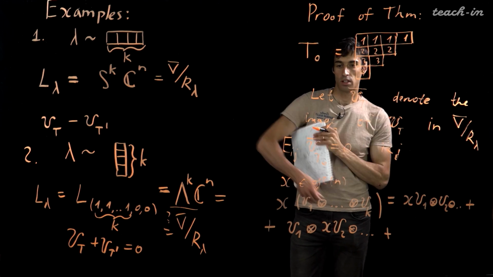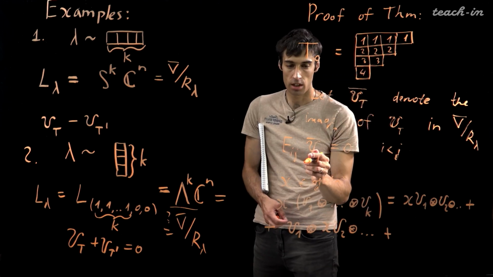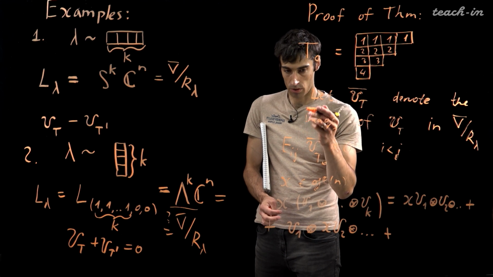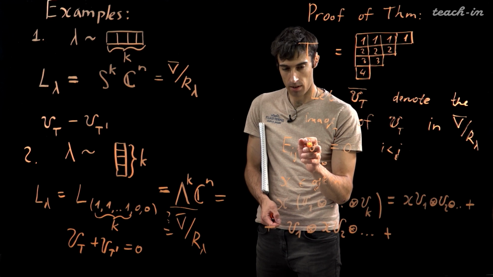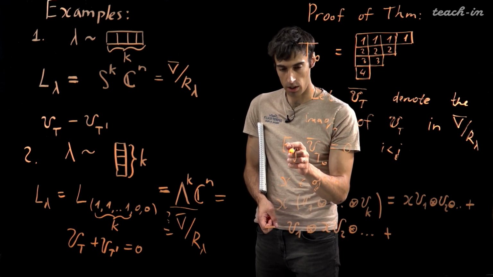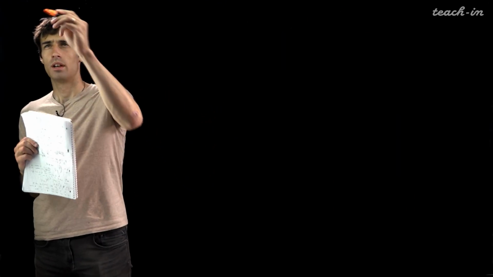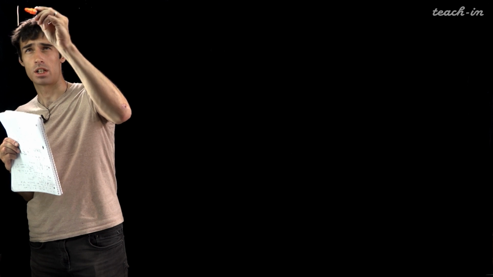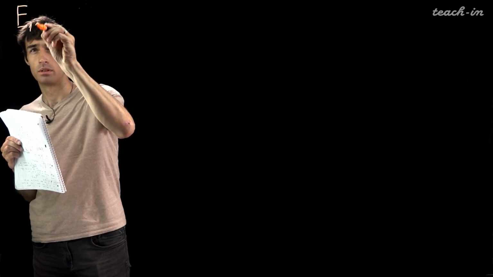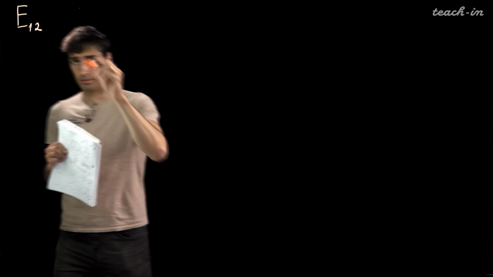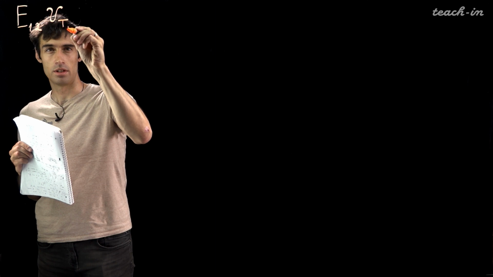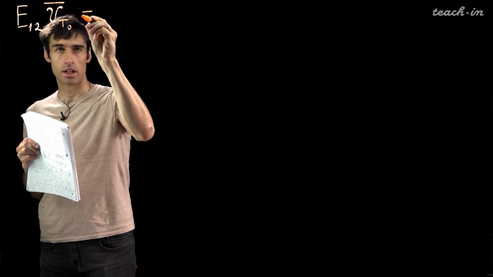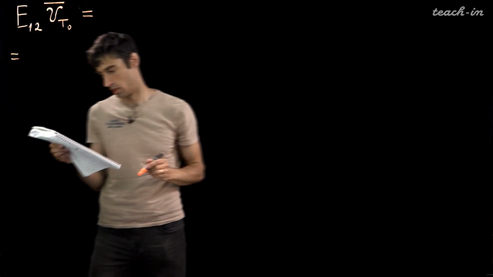And in this box, e_ij acts on the standard basis as follows: it maps e_j to e_i and everything else to 0. Okay, so therefore I can write something like this. So let me just check for e12 acting on v_t0 bar.